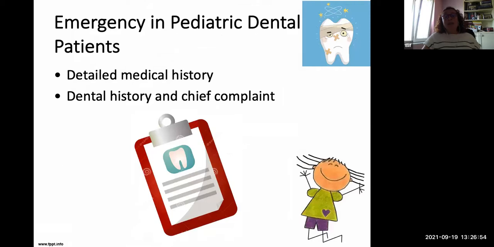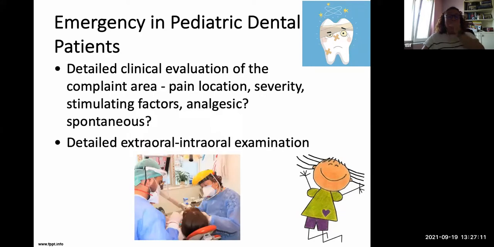So what should be done with a patient after admission to our emergency clinic? First, we have to take a detailed medical history, followed by a dental history and the chief complaint, of course, and a detailed clinical evaluation of the complaint area, such as pain location, severity, stimulating factors, analgesic usage, or the characteristics of pain, such as whether it is spontaneous or provoked pain.